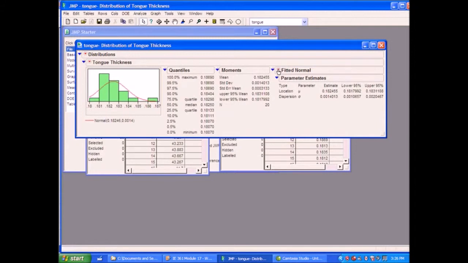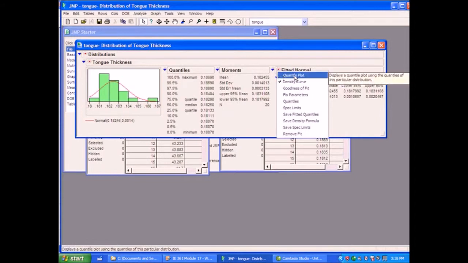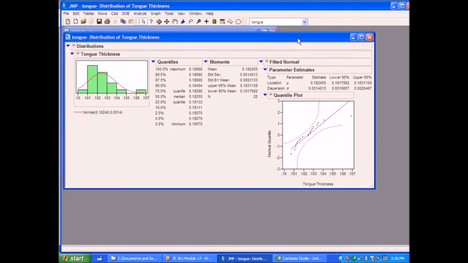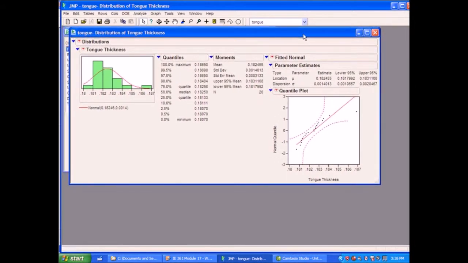So if I come up here now to the fitted normal and say I'd like to see a so-called quantile plot, that's what JMP calls its normal plot, and here it is. It's got some extra stuff on here that I just assumed weren't there, so I'm going to turn off the so-called confidence limits.